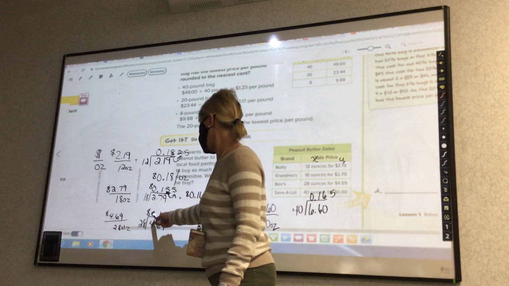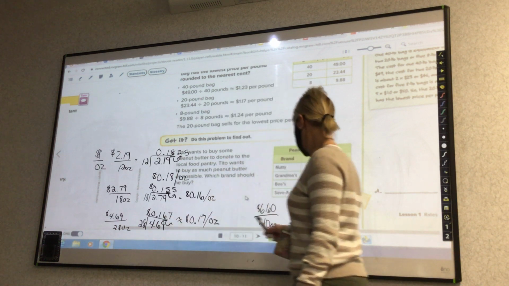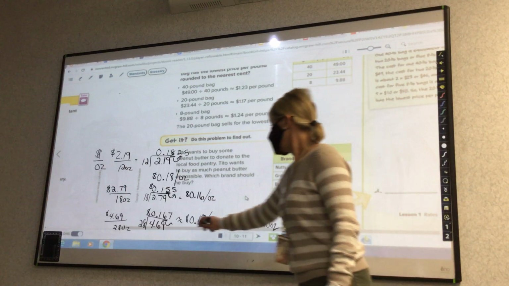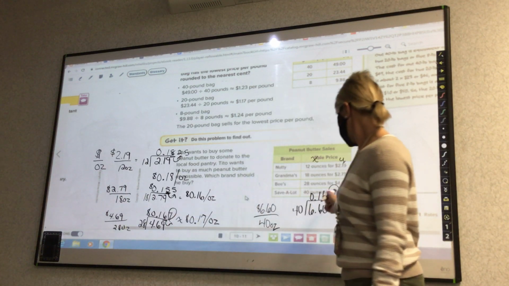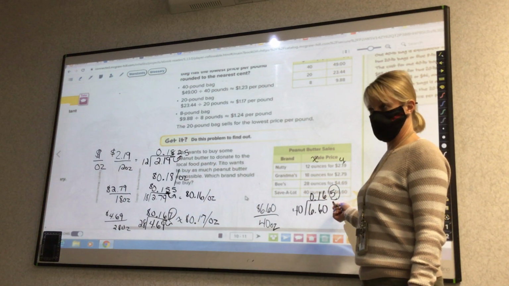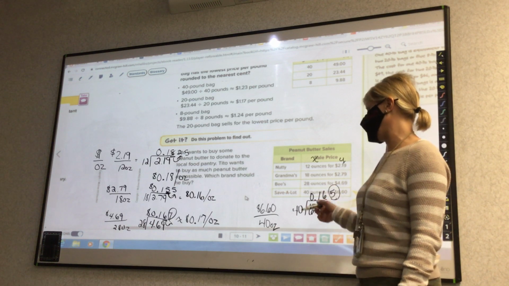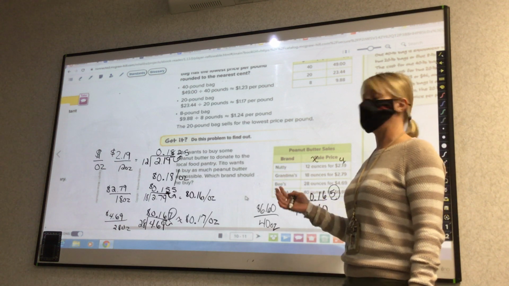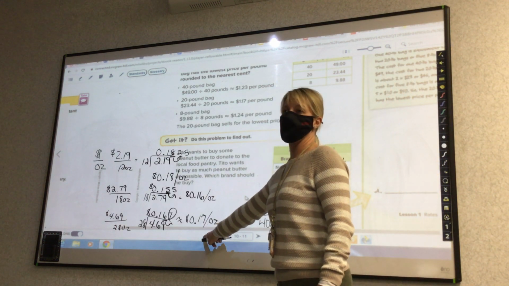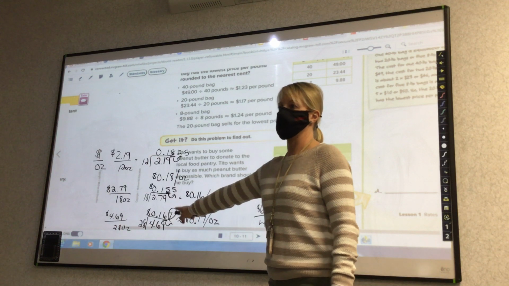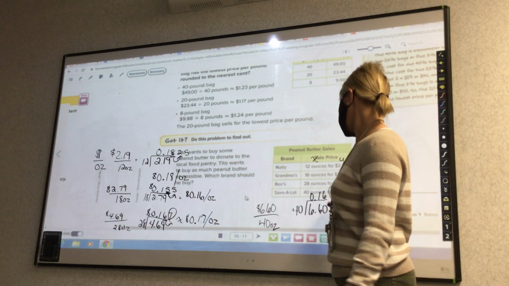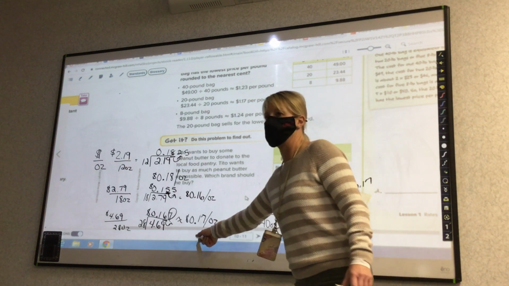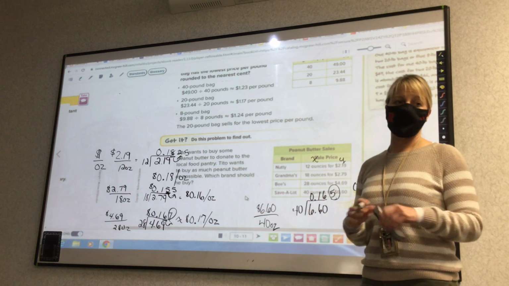We have 0.167, 0.165. So I have to compare the 5 and the 7. 5 is smaller. So who is cheaper? Save a Lot. So that's why when you're doing it on your calculator and you are rounding it, you do need to go to those next digits. So if it gets close like that, because that would have been rounded up to 0.17, well, that's the same as this. But they're really not the exact same.